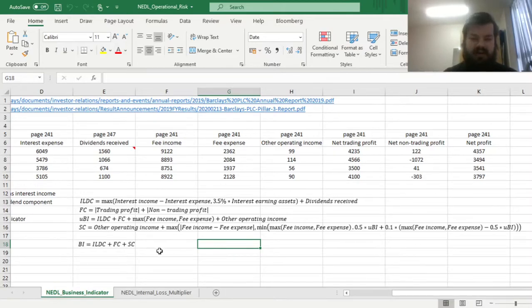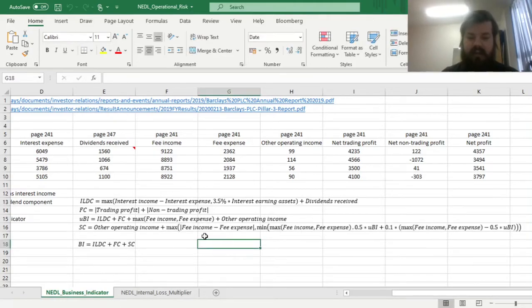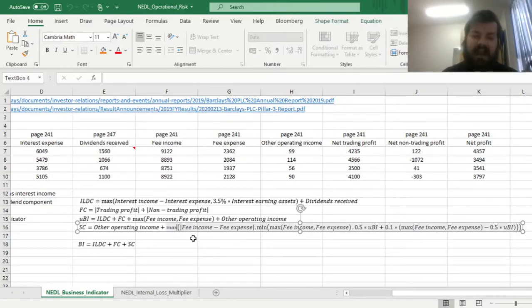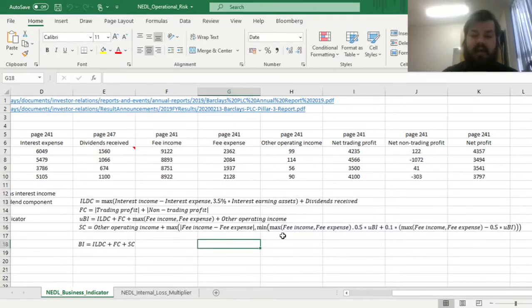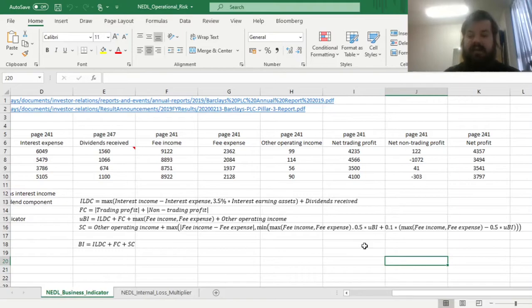What is the logic of this quite complicated at first adjustment procedure? Well, the logic here is to figure out whether fees play a substantial role in generating the operating income of a bank. So here we get the maximum of either our absolute net fee income or this synthetic expression that relates the unadjusted business indicator and the maximum of the fee income or fee expense.